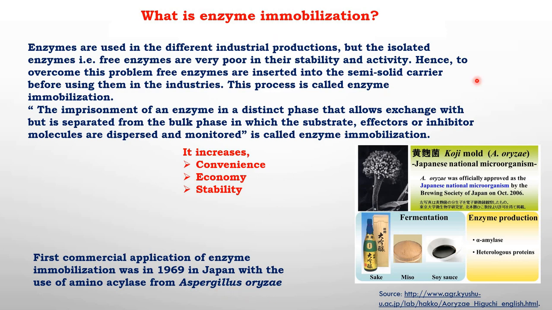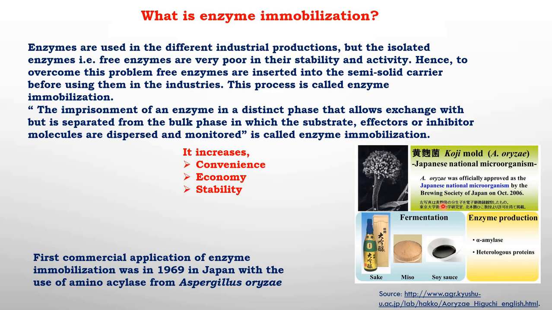Because of its excessive commercial use, starting from sake, miso, soya sauce, that is the fermentation industry, and enzyme production, due to the huge application of Aspergillus oryzae in Japan, in 2006 Aspergillus oryzae was designated as the Japanese national organism.